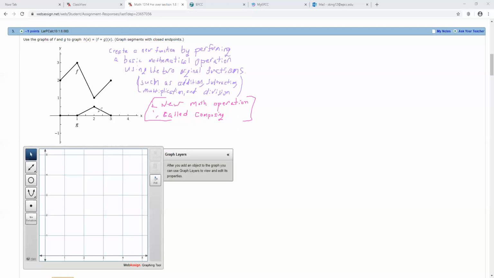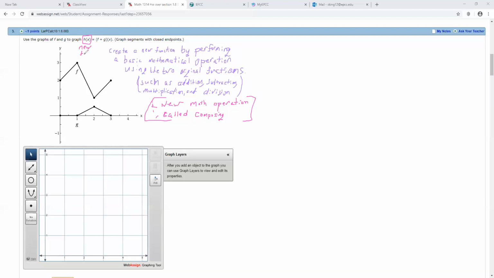And then they picked another graph, but instead of giving us the formula, they just gave us the graph. And we're going to perform one of these basic mathematical operations and create a new function. And they're calling the new function h. They just went in alphabetical order. So this is our new function that we are creating.